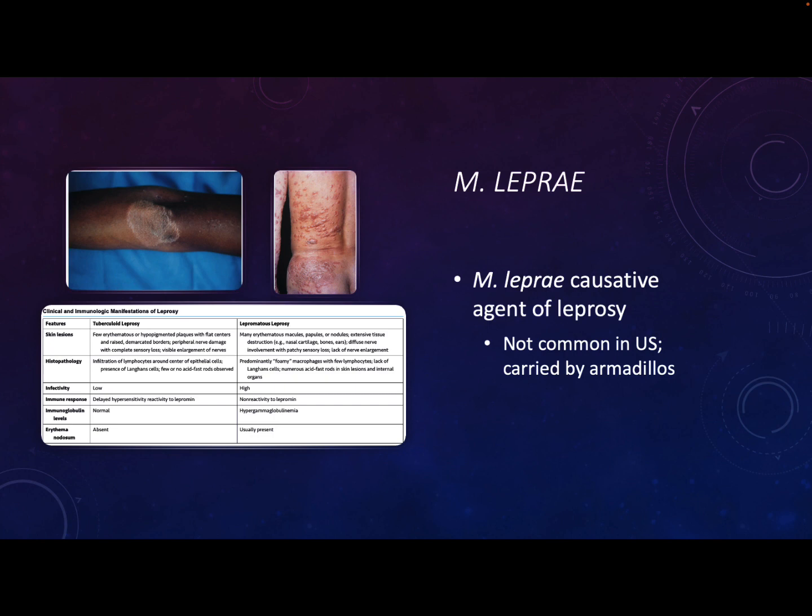Extensive tissue destruction, nasal cartilage, bones, ears, fingers, toes. Diffuse nerve involvement with patchy sensory loss, lack of nerve enlargement. You have these macrophages they call foamy. They have a lot of vacuoles in them. Not a lot of lymphocytes involved. You have high levels of IgG, and it is more contagious.